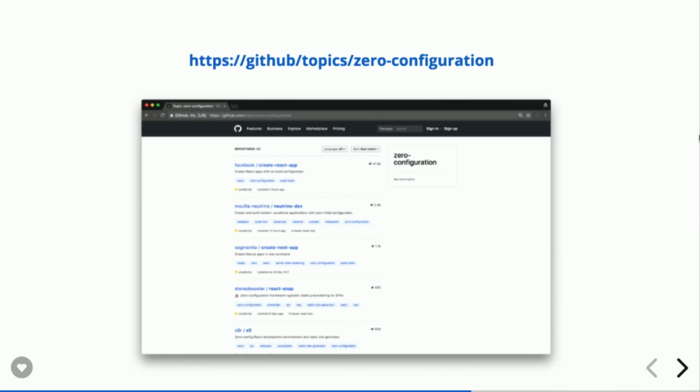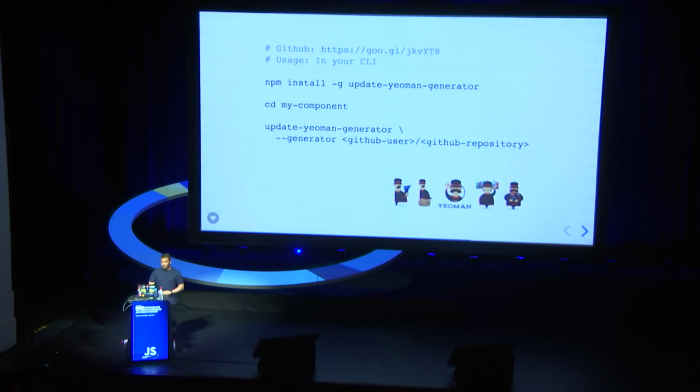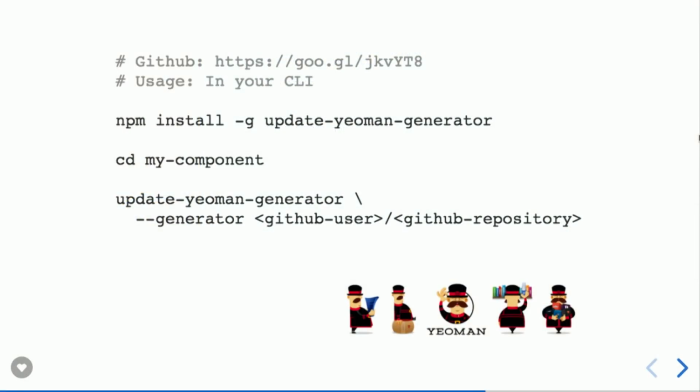And if you look at GitHub right now, it's pretty impressive, because when we start the discussions, you can find a lot of other packages talking about zero configuration, such as Create React App, Angular CLI, Ember CLI. This is great for us, because there are a lot of opinions that we can integrate or extend. However, as I said before, in some scenarios, you cannot just use one of these.